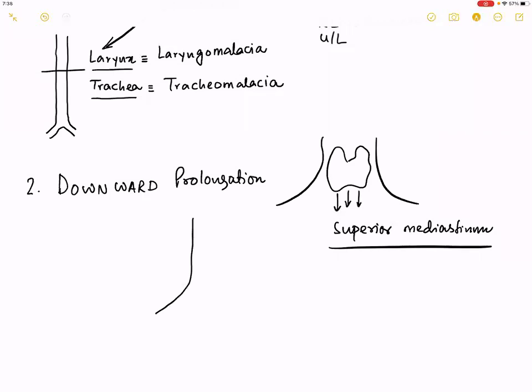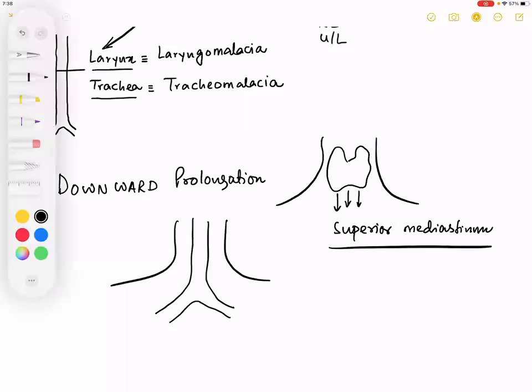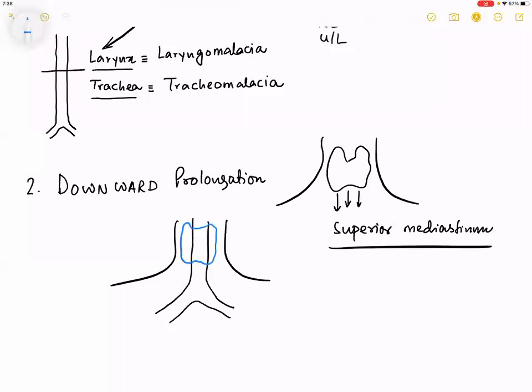So if the trachea is coming down from the neck to the thorax, anything in front of the trachea will always be tempted to come down, not because Isaac Newton is sitting below, but by gravity, and maybe because there is a suction force in the superior mediastinum, we do not know why.